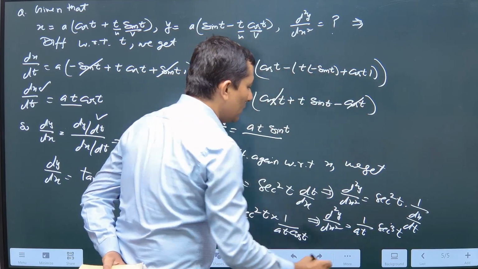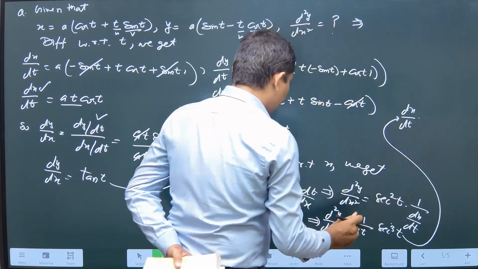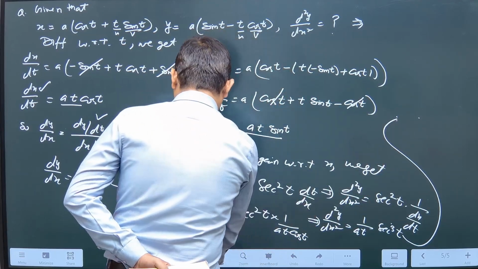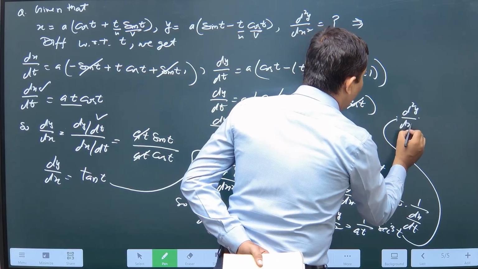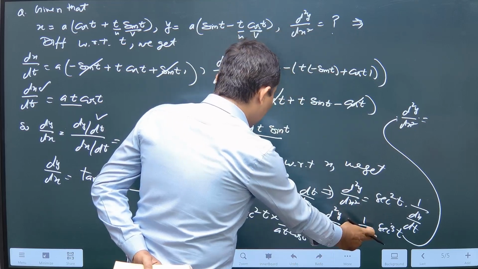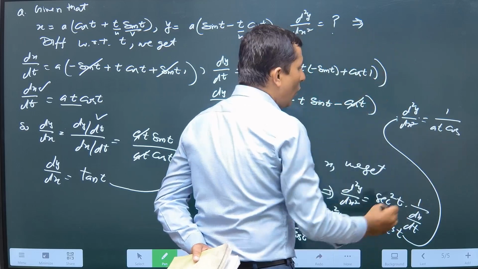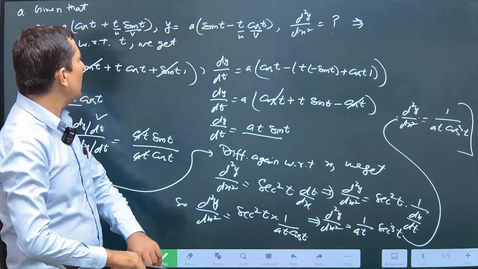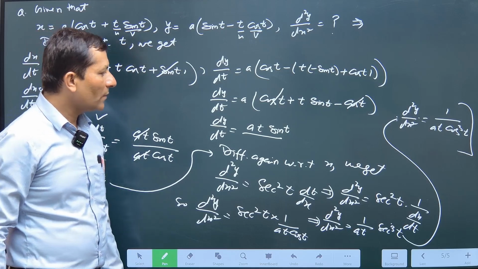It's also the result, and it is also 1 upon at cos cube t. Both are the result of this question. Understand? Next.